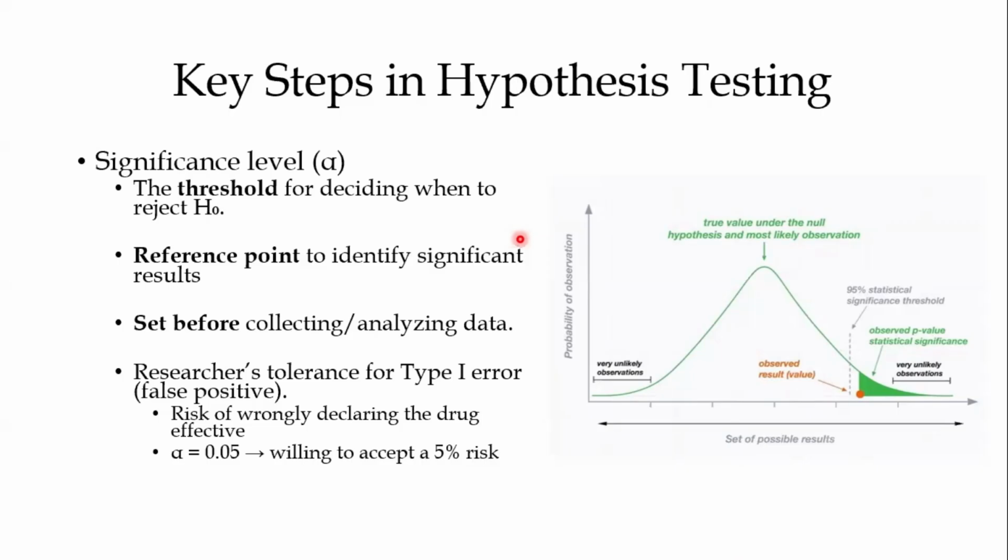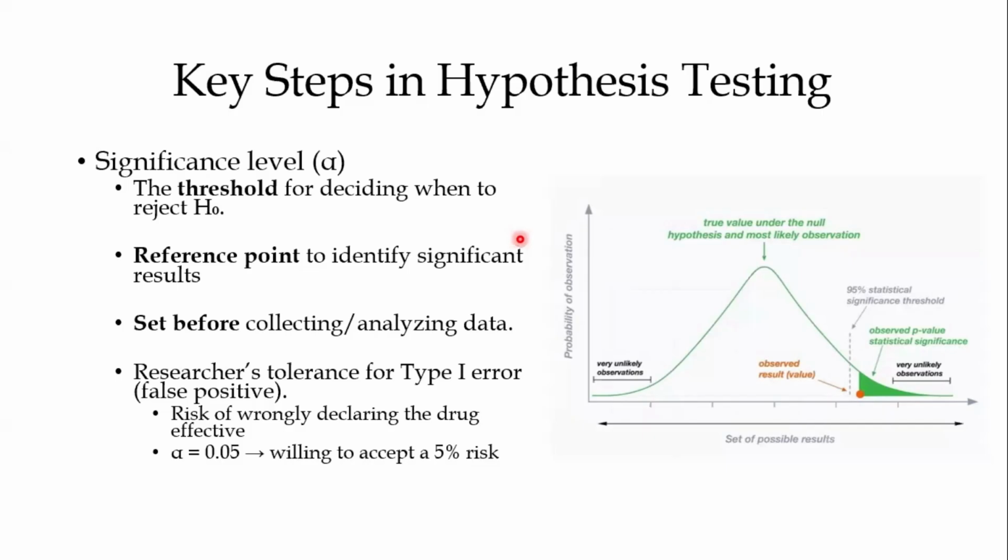So if you find that whatever you compute is less than 0.05, most researchers would declare that result to be significant, and therefore they will reject the null hypothesis. If that risk is greater than 0.05, then the researchers would usually fail to reject the null hypothesis and declare the results as not significant. But this 0.05, we have to appreciate that it's just a threshold.